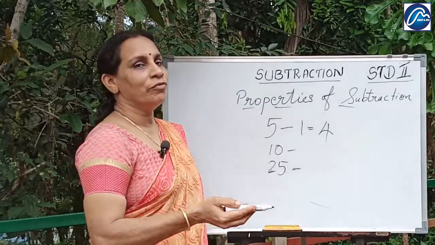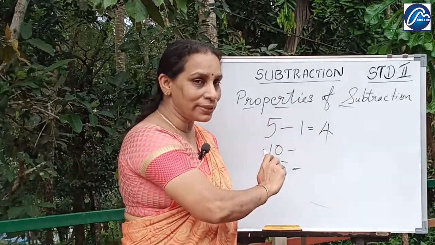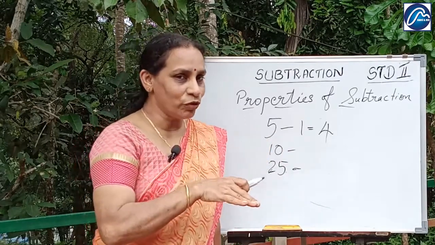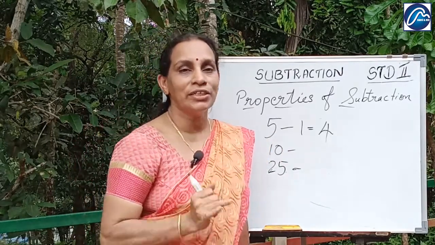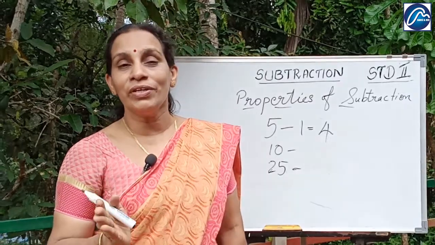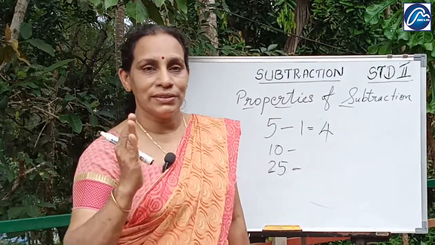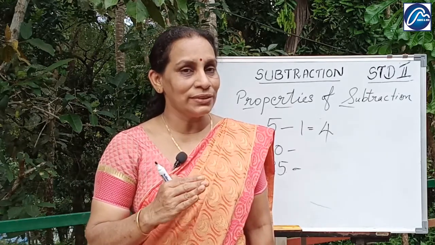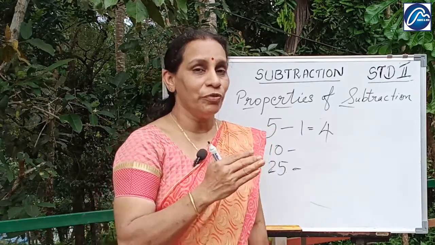That means 4 is the predecessor of 5. You will get the number just before the number. When you subtract 1 from a number, your answer will be the number just before it.